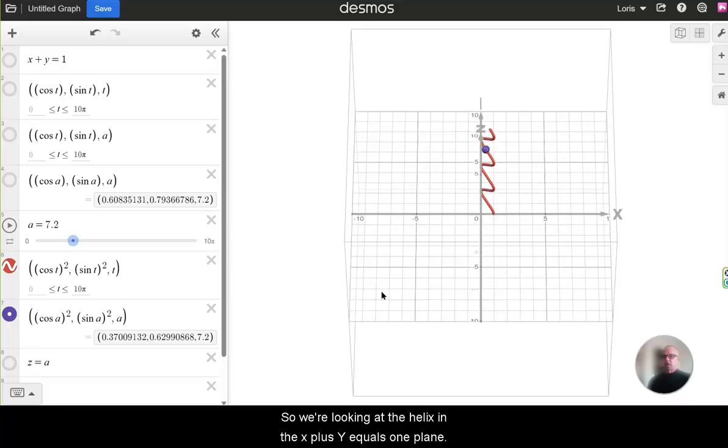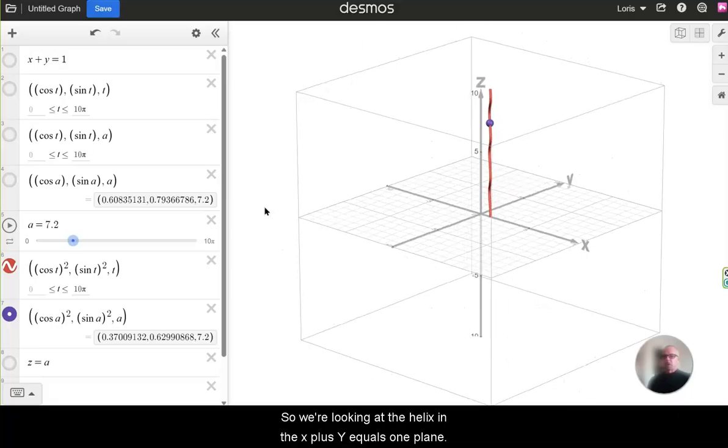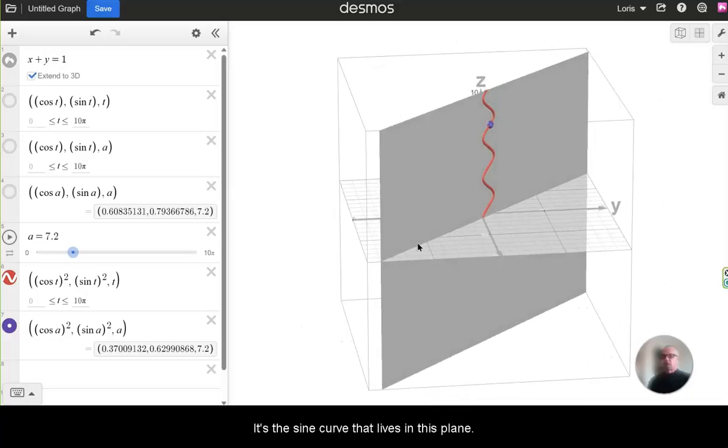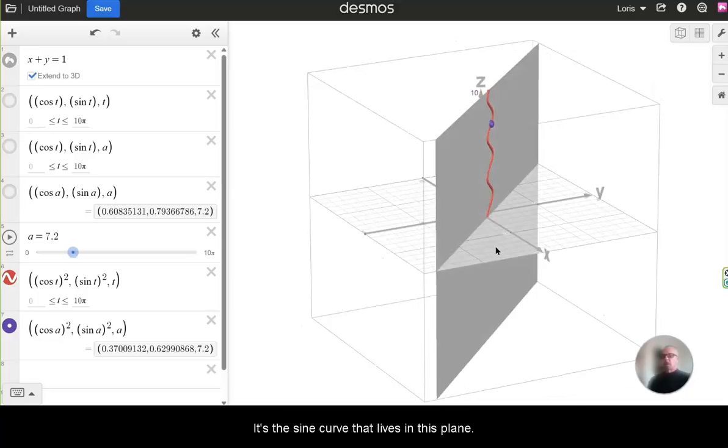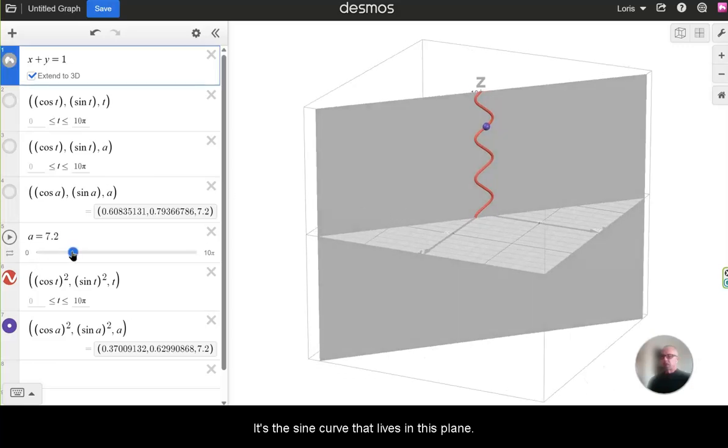So we're looking at the helix in the x plus y equals 1 plane. So when I look at that up here, this x plus y equals 1 plane, y equals negative x plus 1, it's the sine curve that lives in this plane.